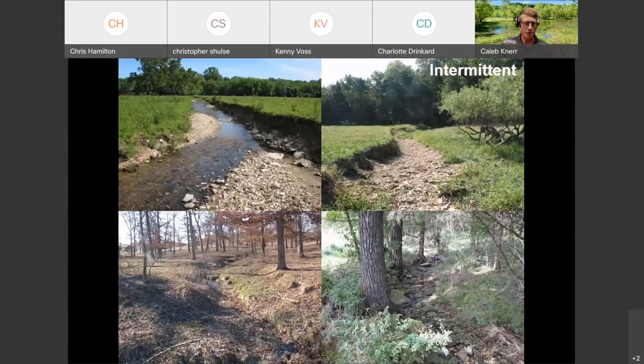That's where you look for the ordinary high water mark. And in some instances, when you do a field verification, there won't be water in the channel, but that's the nature of intermittent streams. They're called intermittent.